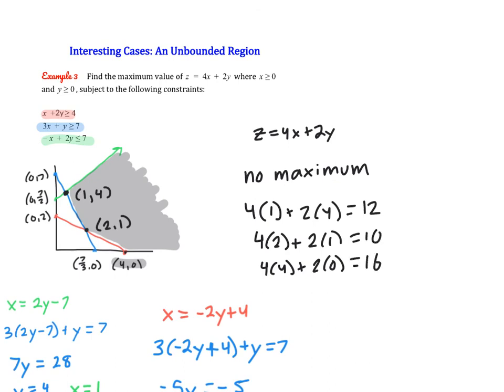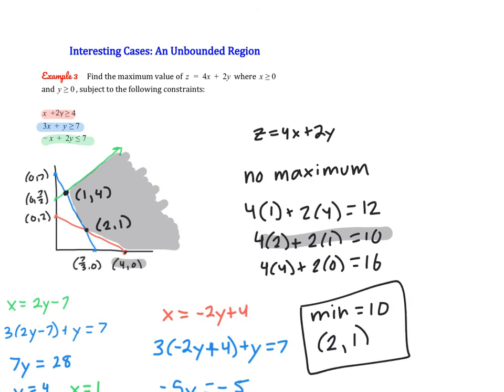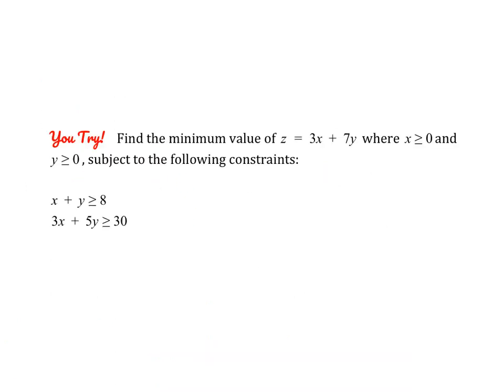So we can see that our minimum value will be 10, and that occurs when x is 2 and y is 1. So you kind of have to look at your graph and use a little bit of logic whenever you have an unbounded region. All right, so go ahead and pause the video and give this one a try.